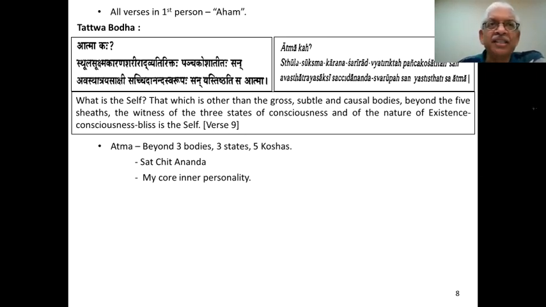Don't worry about the Sanskrit portion. If you don't know Sanskrit, doesn't matter. As long as you understand the fundamental essence in English, you will be able to understand pure existence, pure consciousness, pure bliss.